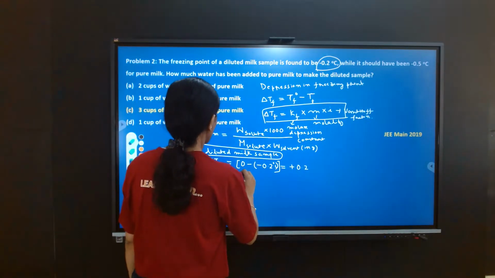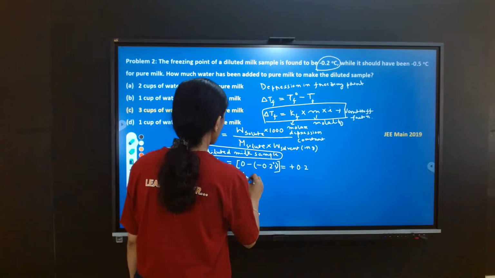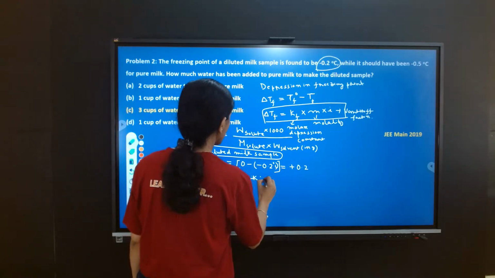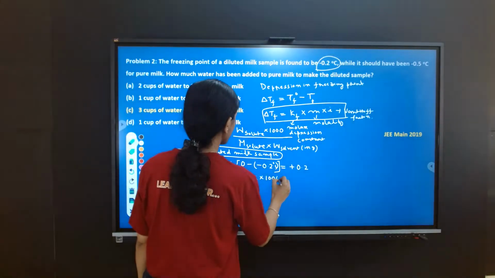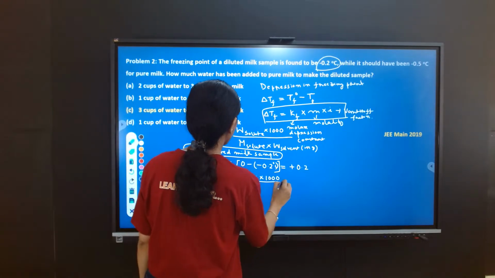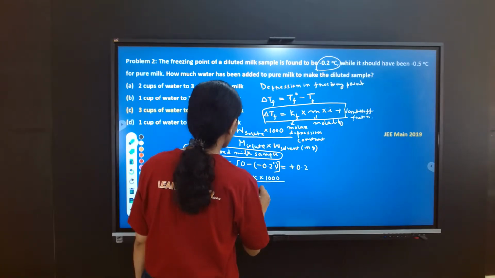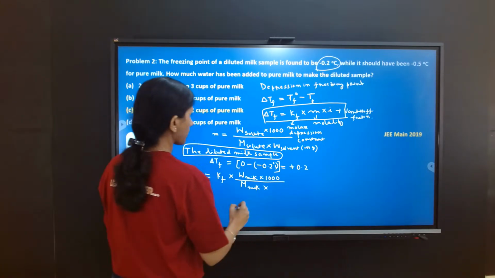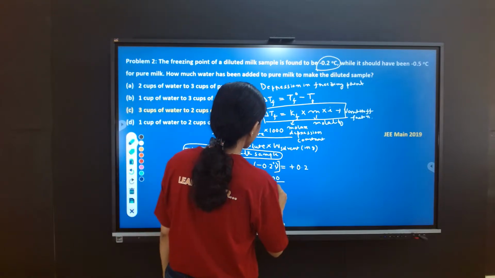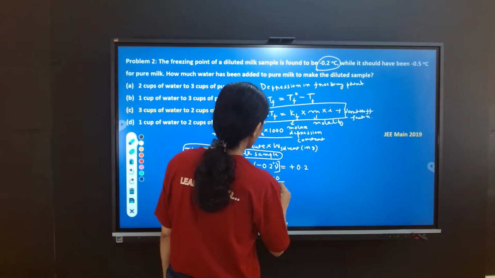So W milk times 1000 divided by mass of milk times W1.